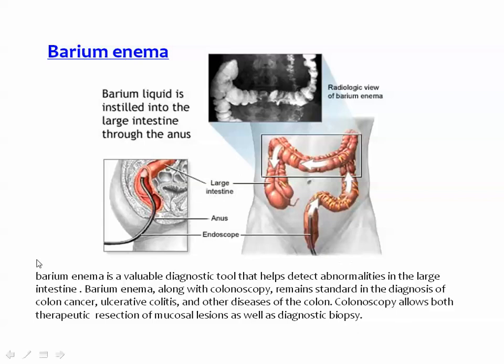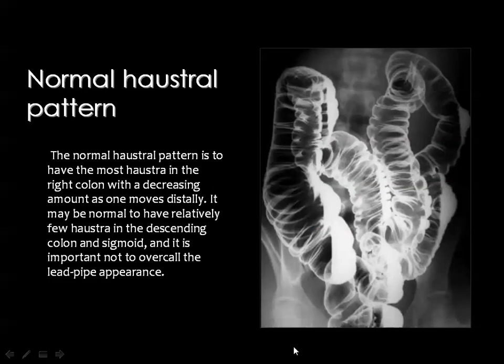By this examination, we used to inject some barium fluid preparation through the anal canal into the colon, and we usually add some air following injection of the barium in order to have this beautiful image of the colon, which is known as the double contrast barium enema.